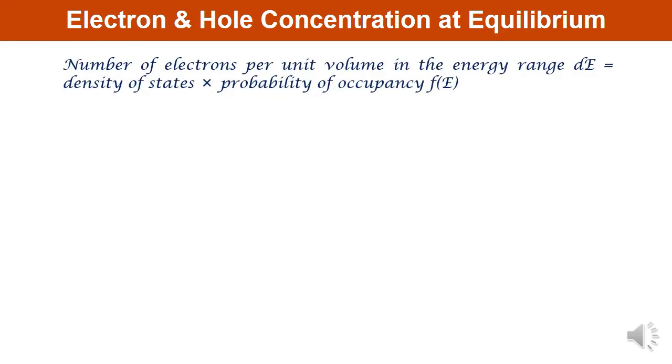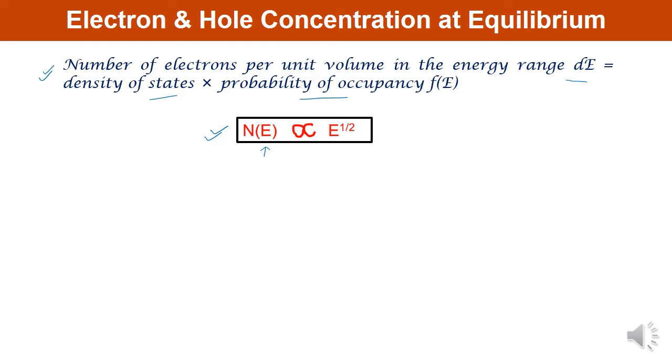The number of electrons per unit volume in the energy range dE can be written as the product of two terms. First is the density of states and the other is the probability of occupancy, that is F(E). N(E) is directly proportional to E raised to the power 1 by 2, and this function N(E) can be calculated by using quantum mechanics and the Pauli exclusion principle.